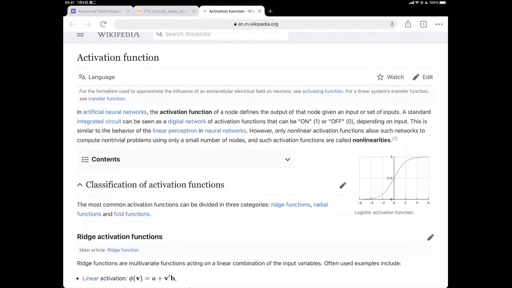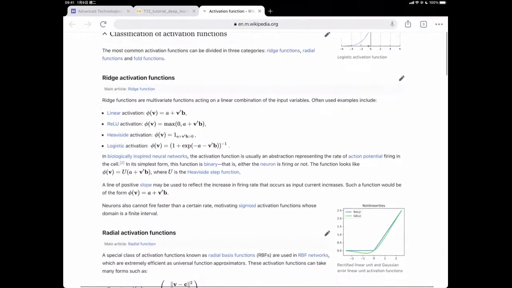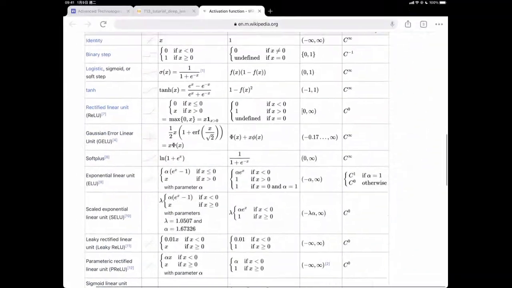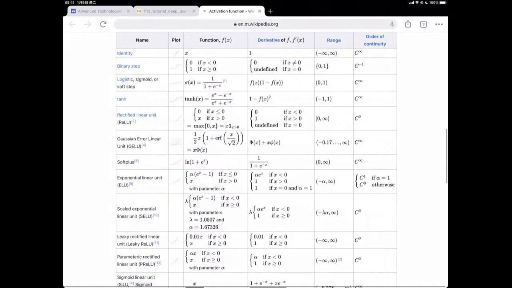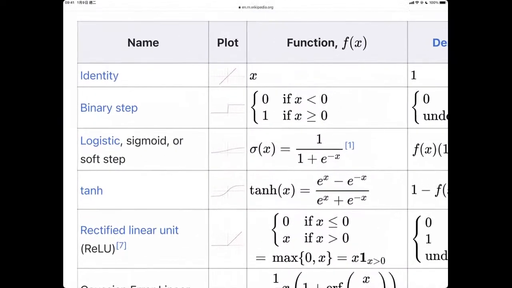The activation function of a node defines the output of the node given an input, which is x, or a set of inputs, which is x1 to xn and b. So basically we can design several different activation functions. There is a list right here which is quite good, so make sure you know Wikipedia provides such useful information. You simply take a look at this one.